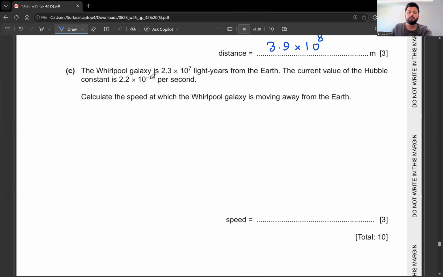C part, last question. The Whirlpool galaxy is 2.3 times 10 power 7 light years from Earth. The current value of the Hubble constant is given, and you have to memorize this value as well. Calculate the speed of the Whirlpool galaxy. What is the relationship between speed and distance? Speed is Hubble constant times distance.